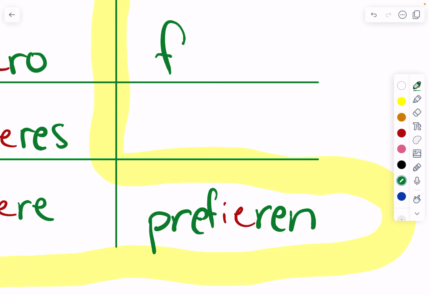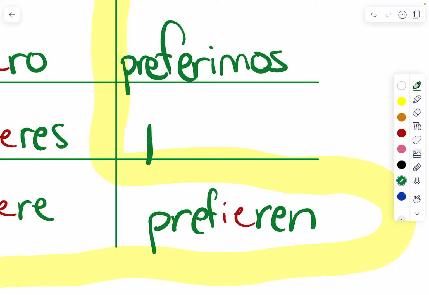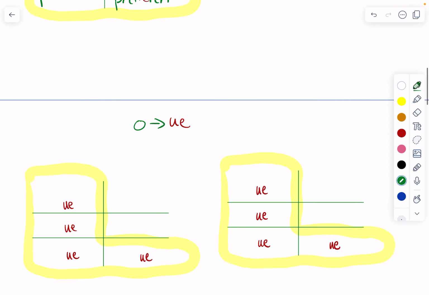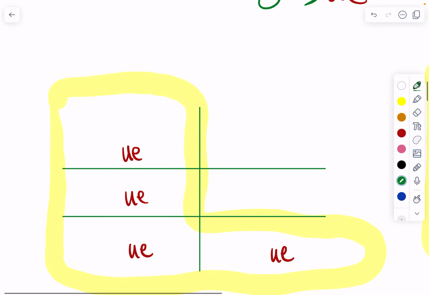So we have preferimos for nosotros, preferís for vosotros.